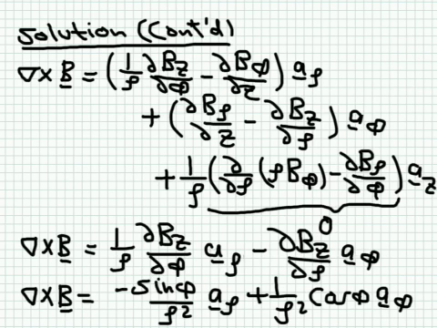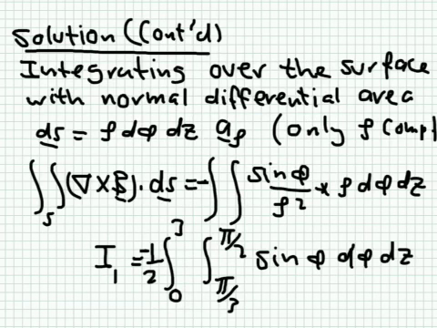The next step is to integrate this curl over the whole area, whose differential element is rho d phi dz in the rho direction. For this cylindrical surface, ds is rho d phi dz in the rho direction, and you should notice that I observed the right hand rule because the unit normal is rho.